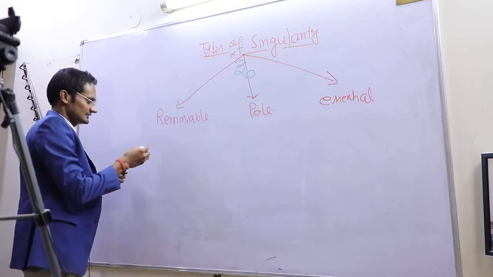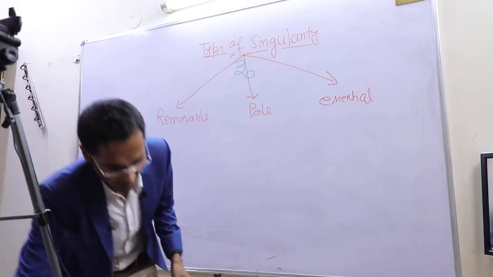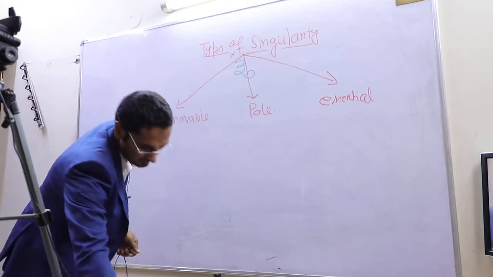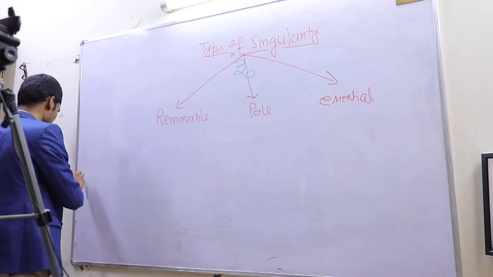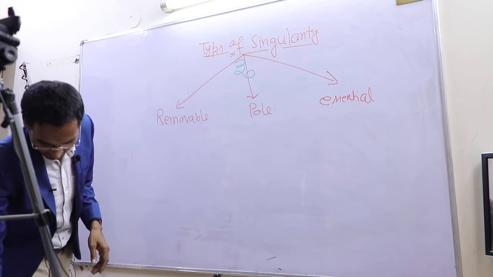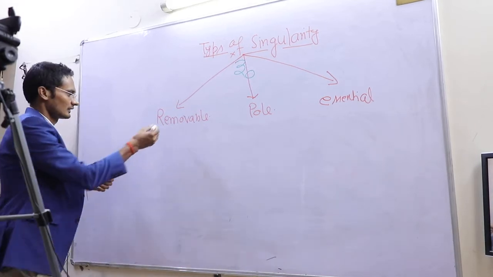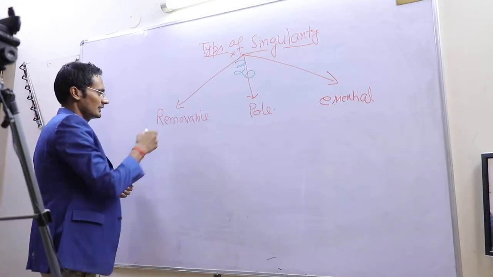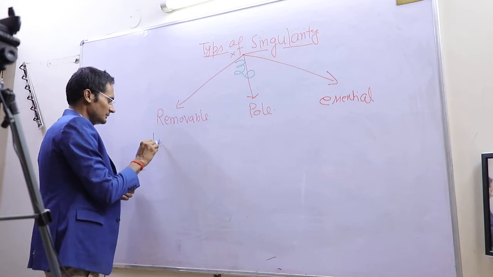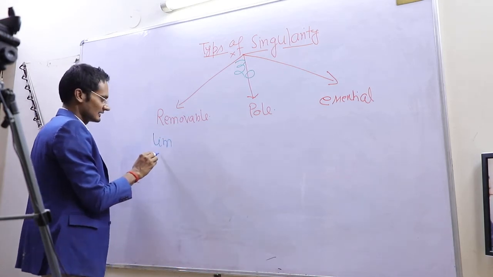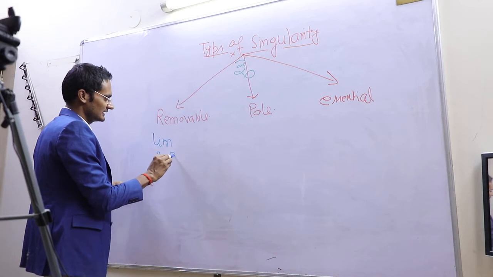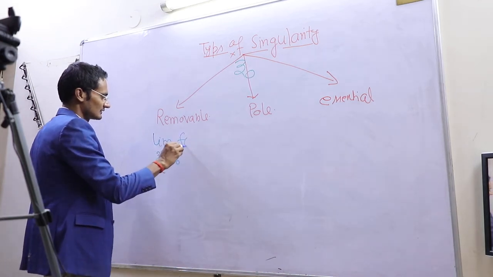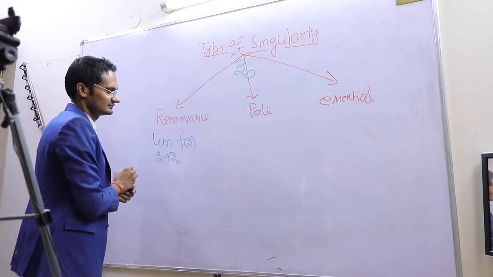So, the first case is the removable singularity. What we are doing here: we will calculate the limit as z tends to z naught of f of z.